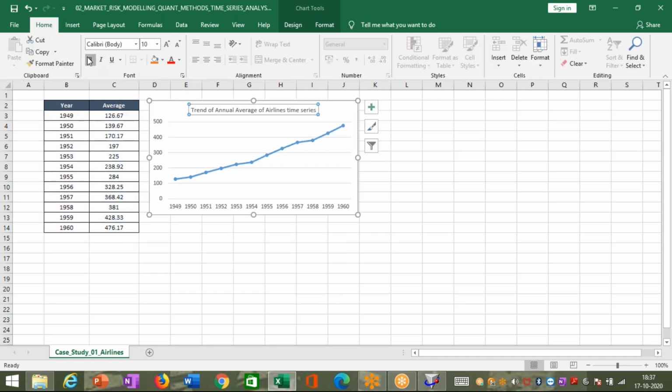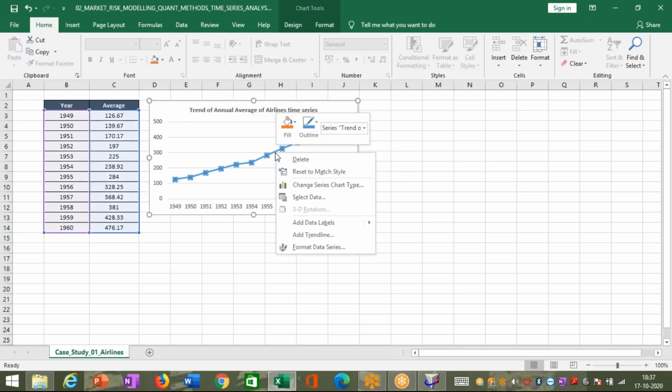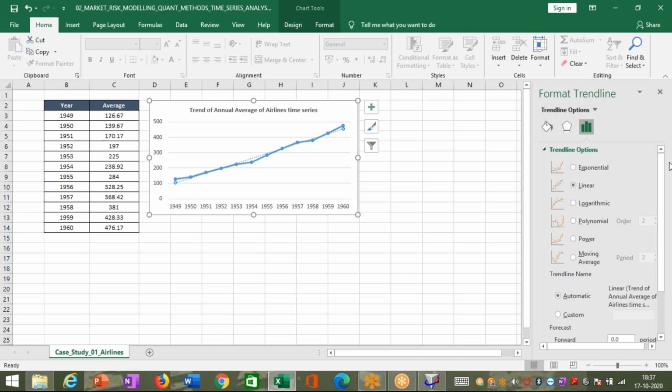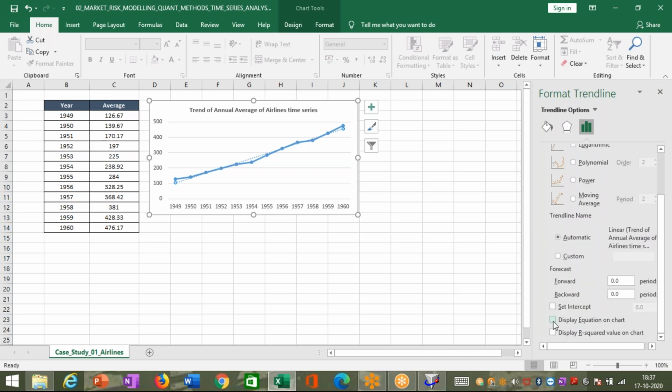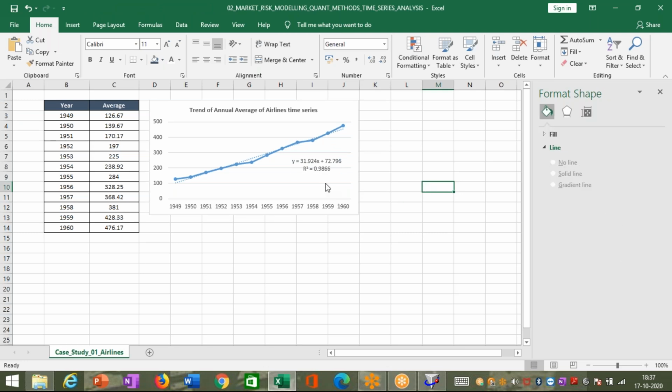So I will put it at 10. Add a trend line. Over here, when I try to fit a linear trend, you can see that there is a 99.66% fit, right?